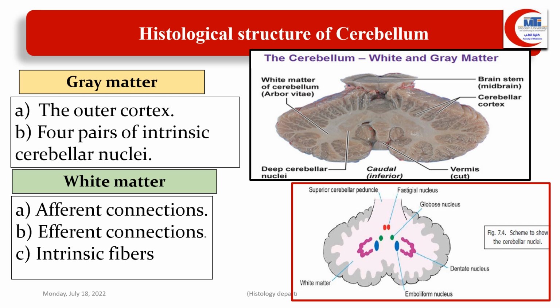So, what are the components of the gray matter here? Number 1, outer cortex. Number 2, 4 pairs of intrinsic cerebellar nuclei. What about the white matter? The white matter is formed of 3 components. Number 1, afferent connections. Number 2, efferent connections. And number 3, intrinsic fibers.